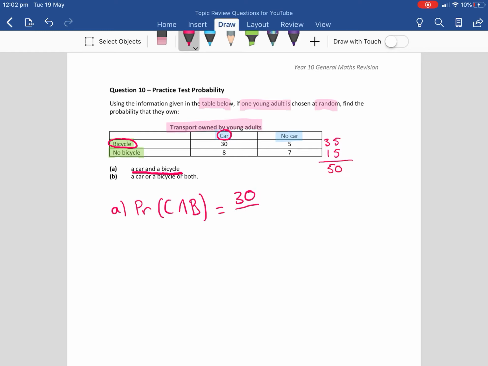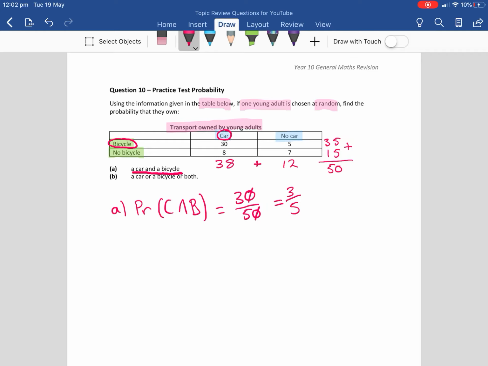And then you can just double check by also adding up your columns. So we've got 30 plus 8, which is 38, and 5 plus 7, which is 12. That also does equal 50. Okay, so we know that there are 50 people accounted for. So 30 out of 50 people. And if we simplify this fraction, get rid of the zeros, okay, the probability is going to be 3/5.